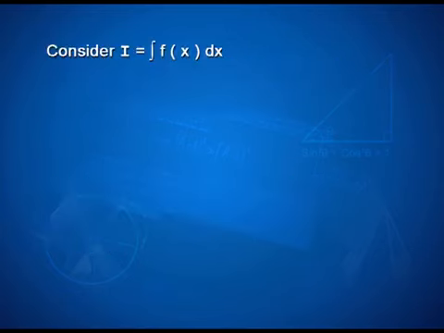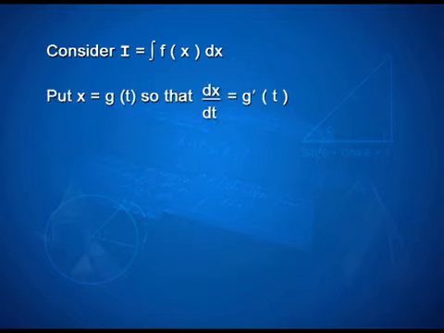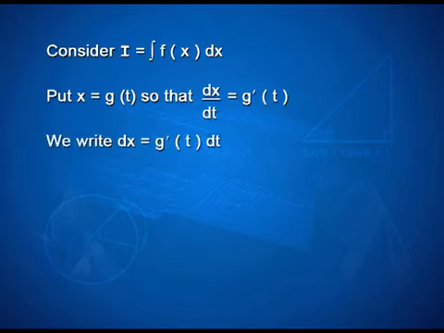Consider I is equal to integral f of x dx. Put x is equal to g of t, so that dx upon dt is equal to g dash t. We write dx is equal to g dash t dt.